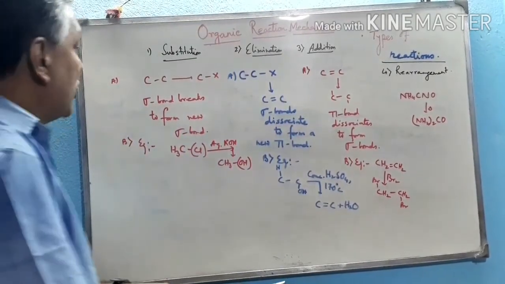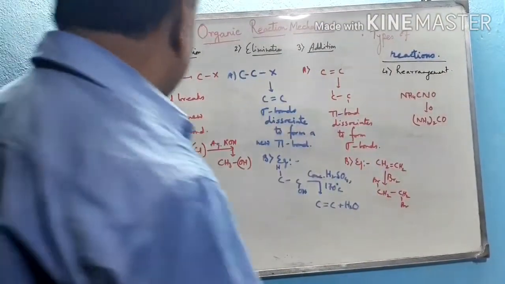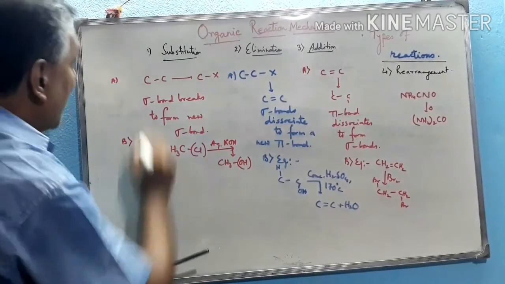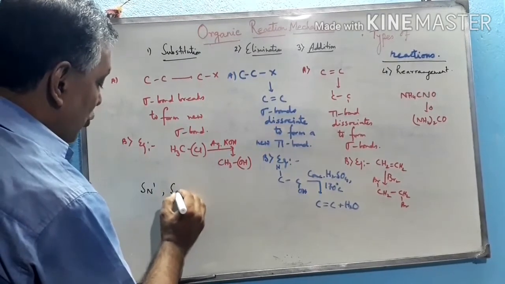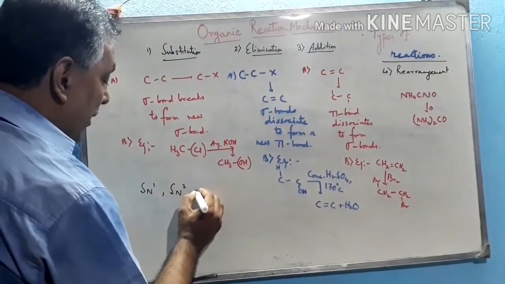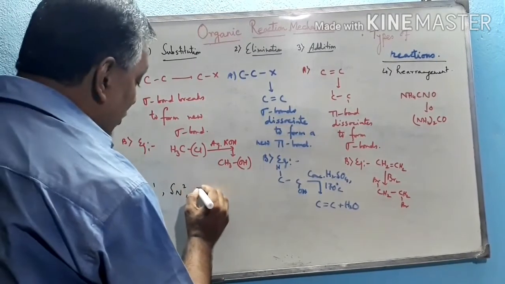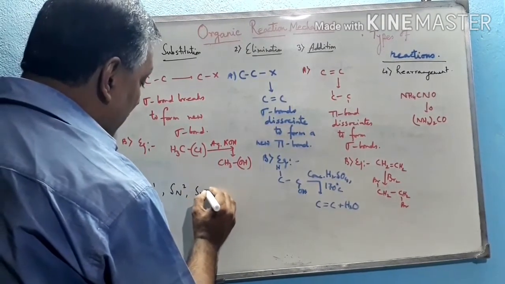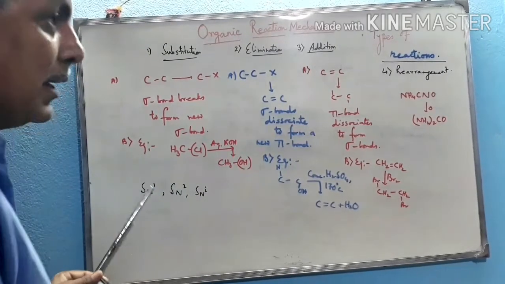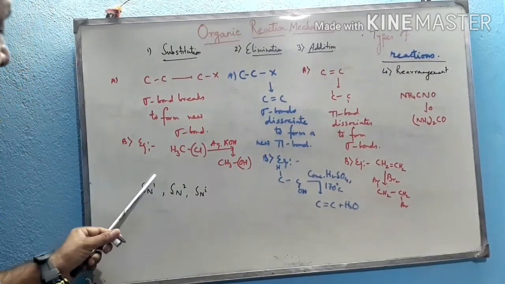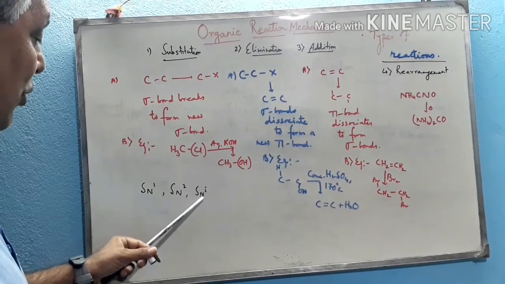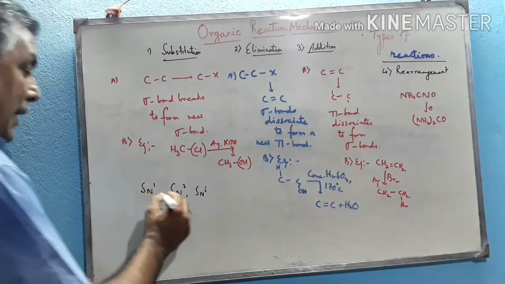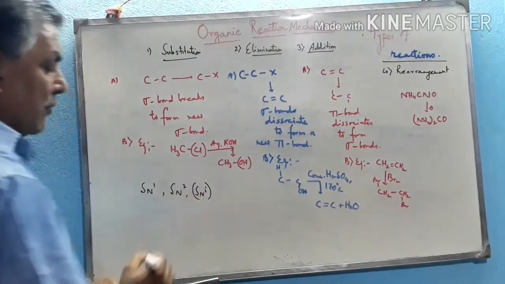Now among these first three types, which are the main: substitution, elimination and additions. Substitutions are classified again: SN1, SN2, and the third is SNi, inversion. So SN1, substitution nucleophilic unimolecular; SN2, substitution nucleophilic bimolecular; and SNi, which occurs in very few cases.